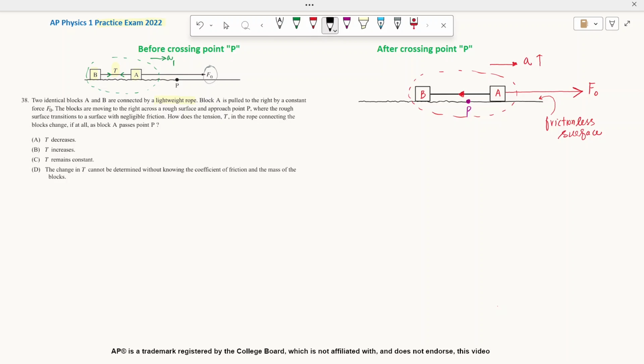If we apply Newton's second law, A1 must equal the F net, the resultant force, the sum of all forces divided by all the masses, which means both masses, MA plus MB. Since they are identical, you can say just 2m. Now, what is the resultant force?